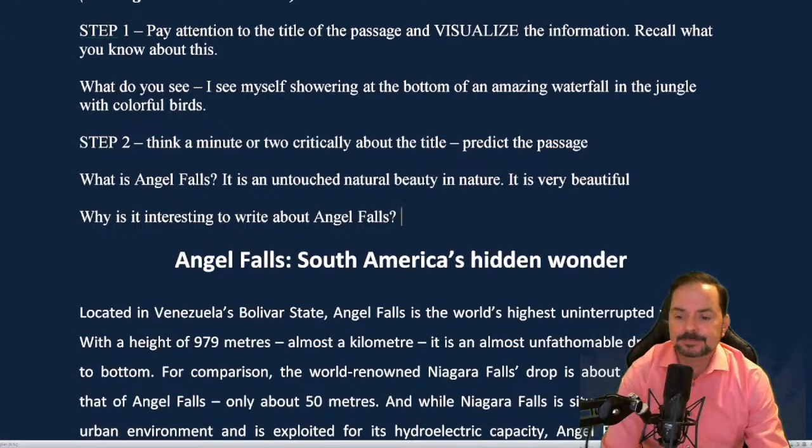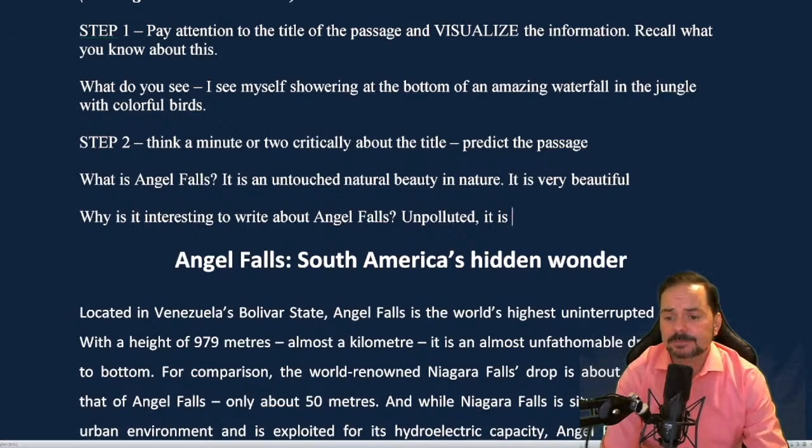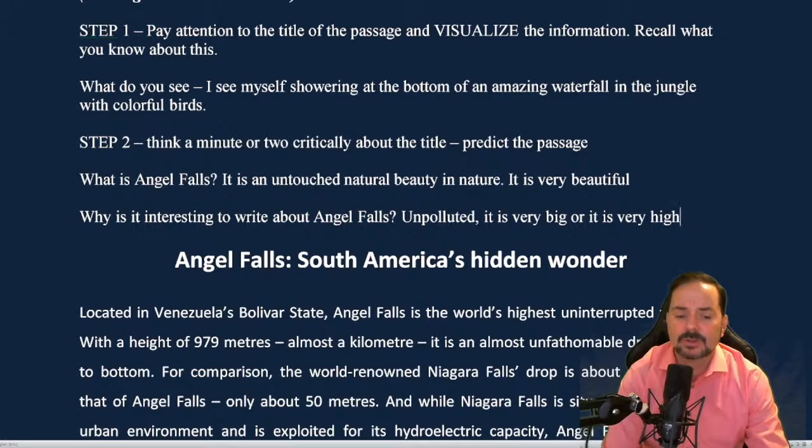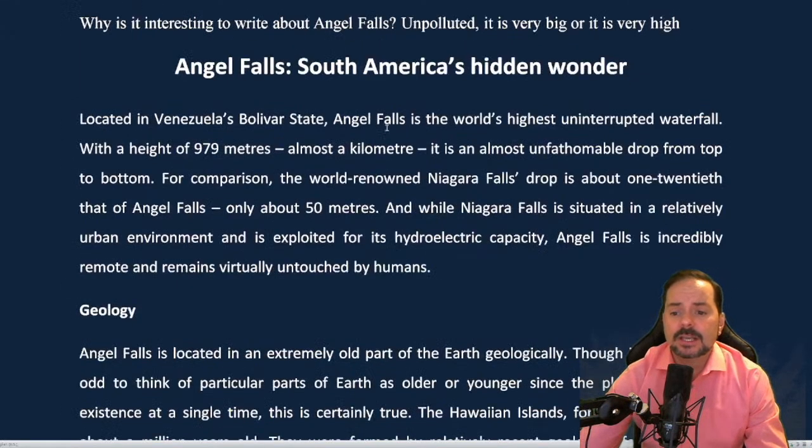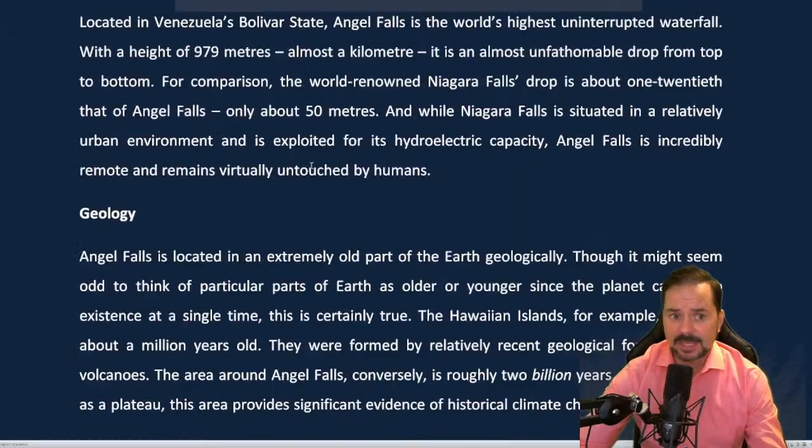Yeah, maybe. I would say maybe it's very big. Or it is very high. Okay. All right. So we're thinking critically about Angel Falls, South America's hidden wonder.